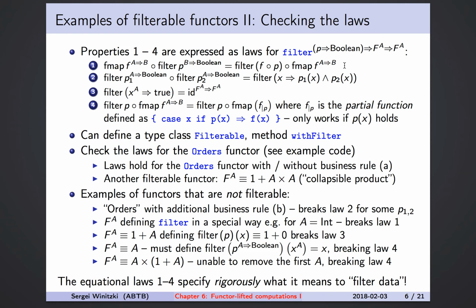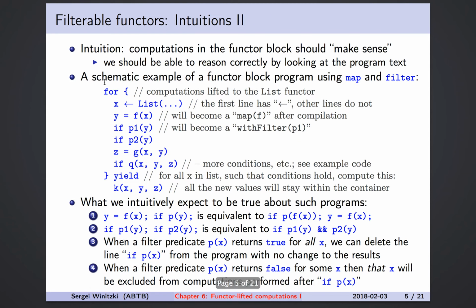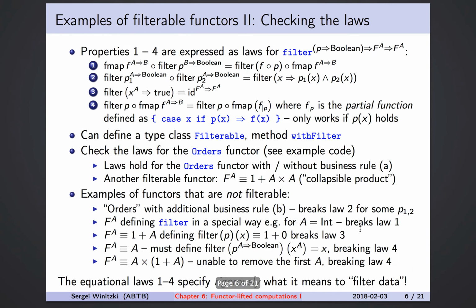So this was the first law. The second law represents this condition, the conjunction law. By the way, laws have names for convenience, but actually they're just equations. So the first law is called naturality. This comes from category theory, and it's not important why it's called naturality.